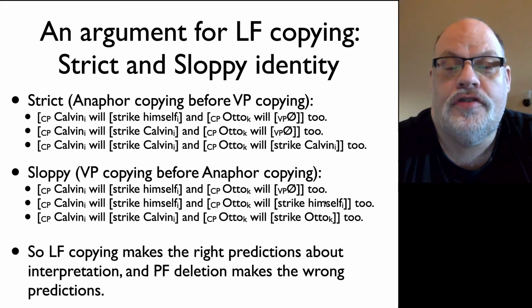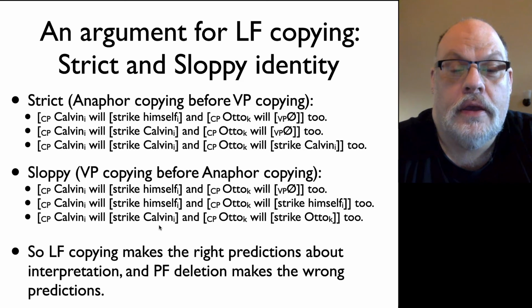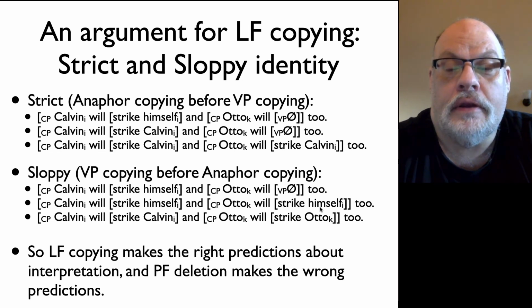Then we have two different operations of anaphor copying. So here, this anaphor himself is going to refer back to Calvin, and Calvin will get copied in here, and this anaphor will refer back to Otto, and Otto will get copied in.